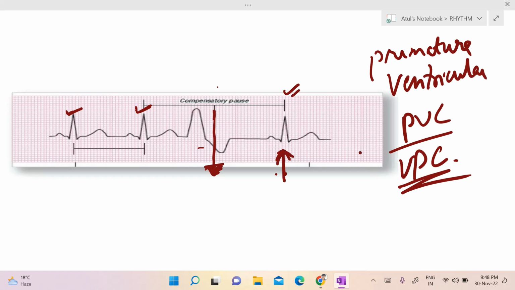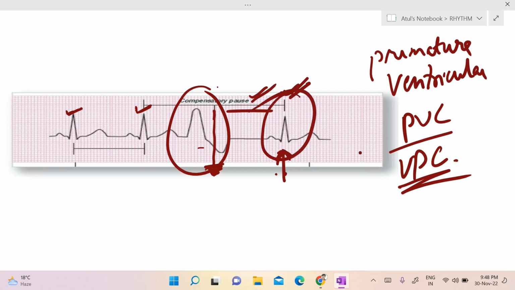So it means after this complex, it took a compensatory pause. It did not reset the pacing of the SA node to a new level. The SA node continues firing at its own pace. At the scheduled timing, the next SA node impulse is coming. So this is a compensatory pause. So VPCs or PVCs always follow a compensatory pause.